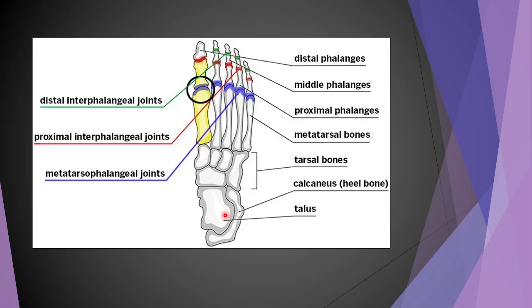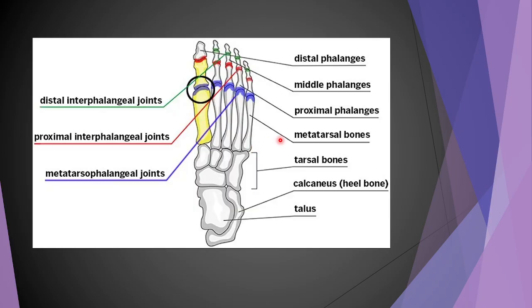So next, this is a picture of the foot. You should know this before we move to the next topic. Here are the five metatarsal bones: first, second, third, fourth and fifth metatarsal.